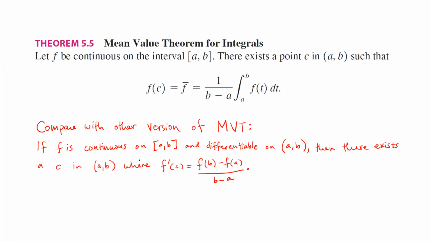So if we compare this, notice that here this requires f to be differentiable so that we can find f prime of c. We know that's guaranteed here. But if I were to just integrate the two sides of the equation, we know that in general, the integral from a to b of f prime of x is equal to f of b minus f of a.